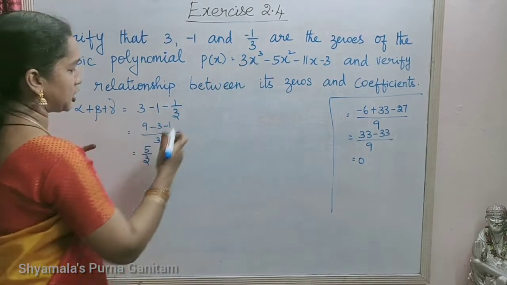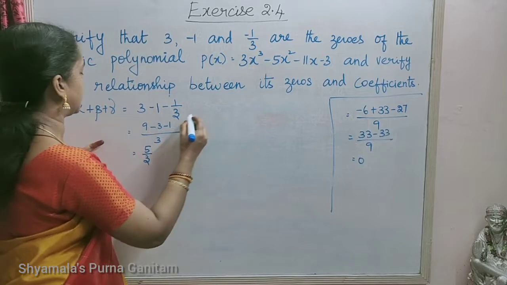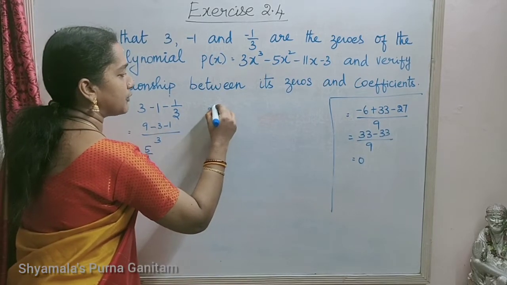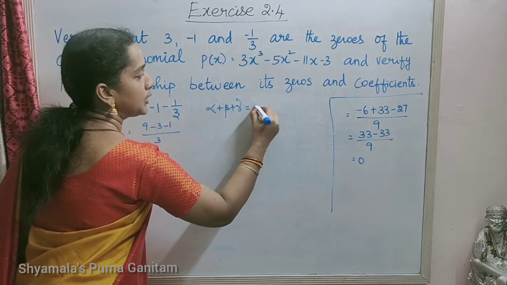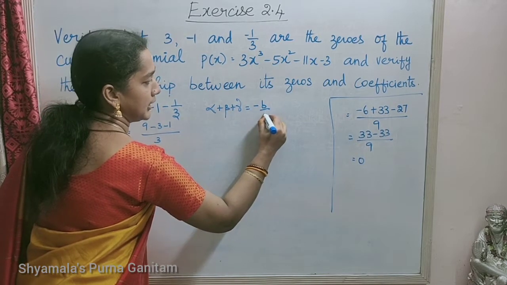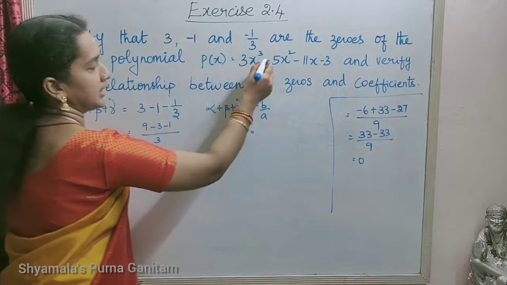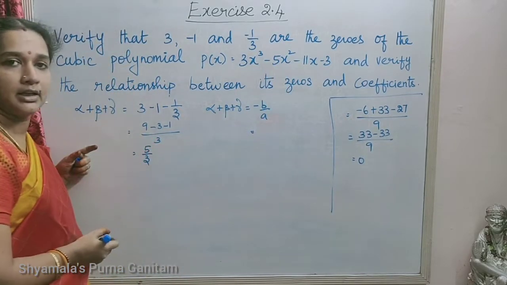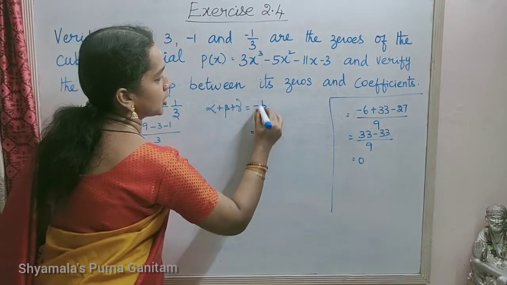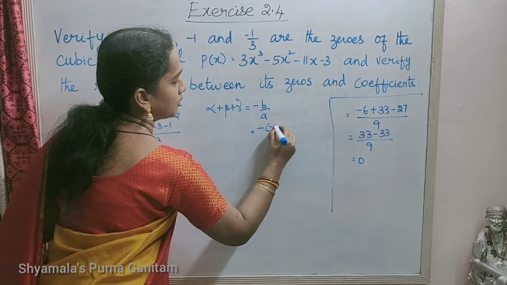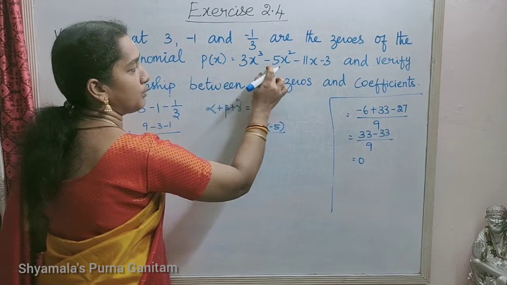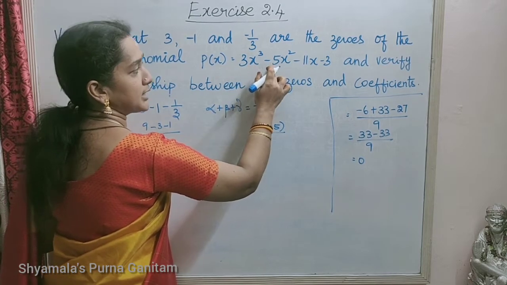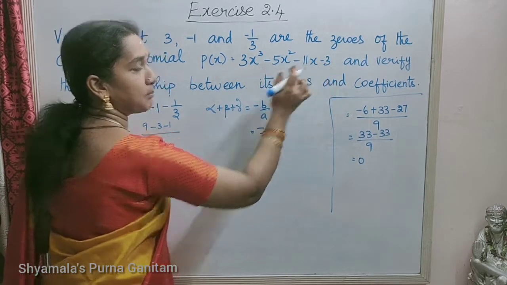What is the coefficient of this? We know that alpha plus beta plus gamma is equal to minus b by a. So what are you getting here? This is the cubic polynomial, in the form ax cube plus bx squared plus cx plus d.